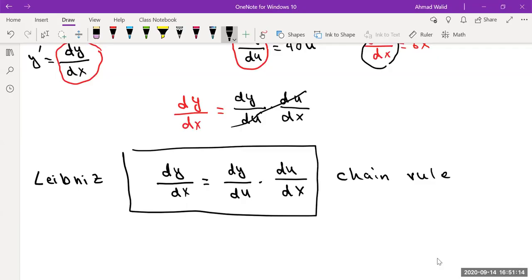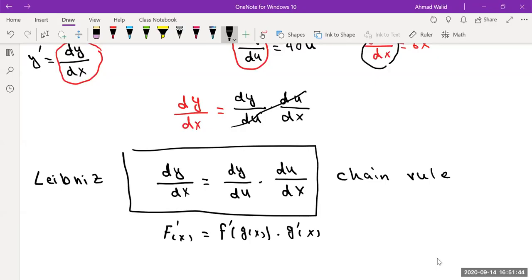You can also write it in prime notation, correct? dy dx means f prime of x. It's basically the same thing. dy over du means f prime of g of x, the derivative of the outside, and du dx means g prime of x.